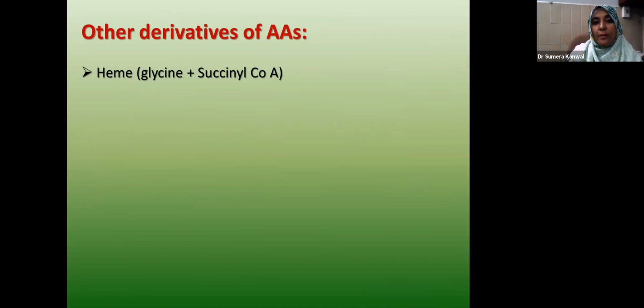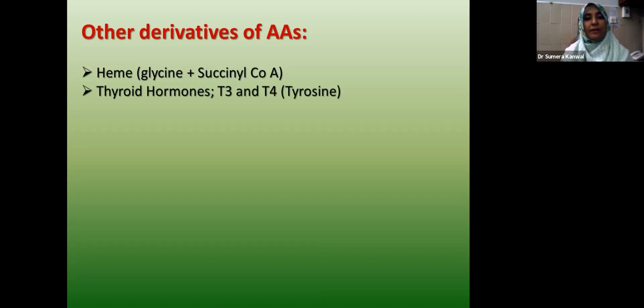Aminolevulinic acid then forms a pyrrole ring, then a linear tetrapyrrole, cyclization, porphobilinogen, uroporphyrinogen, coproporphyrinogen, then heme. So the first step of heme biosynthesis, which is the regulatory step, requires the amino acid glycine as a donor of nitrogen in the porphyrin ring. So in the porphyrin ring, the nitrogen is coming from the glycine and the carbon skeleton is coming from the succinyl CoA.